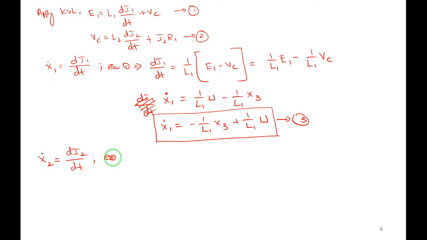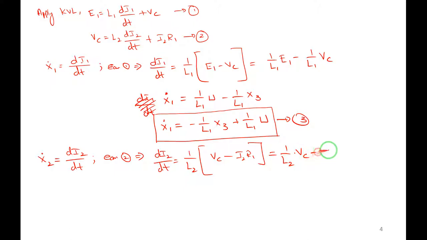So equation 2 implies di2 by dt is equal to 1 by L2, L2 is there, I am taking that side, Vc minus I2 R1. So let me write it 1 by L2 into Vc minus R1 by L2 into I2.